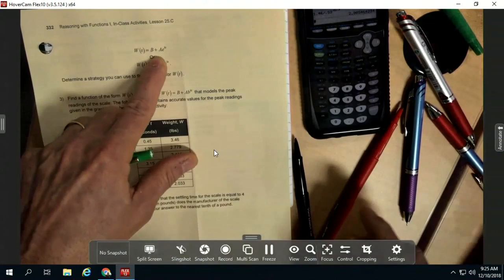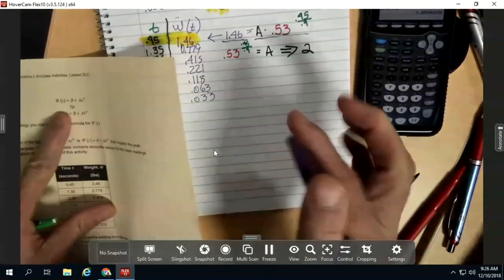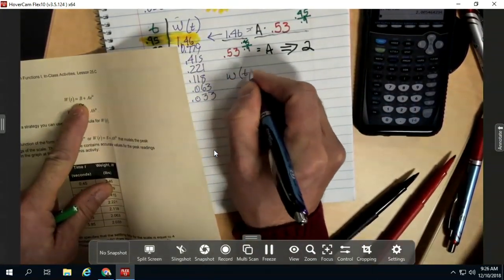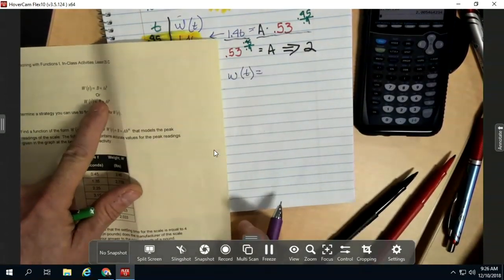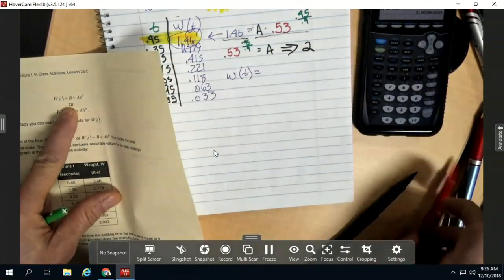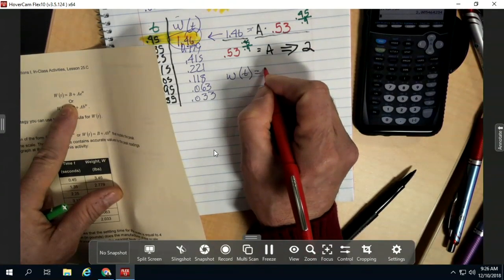So our formula is weight as a function of time is how far offset, what did we have to do to get this column here? Start at 2, right?